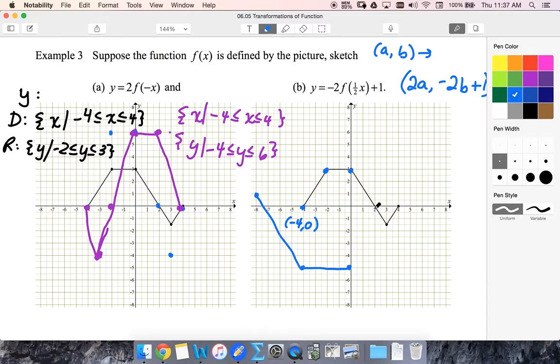All right, now I've got another key point, 2, 0. So that's going to become 4, and then the 0 turns into a +1. I've got the point 3, -2. So that's, actually that's 3, -1.5. And did I mess that up with this point?